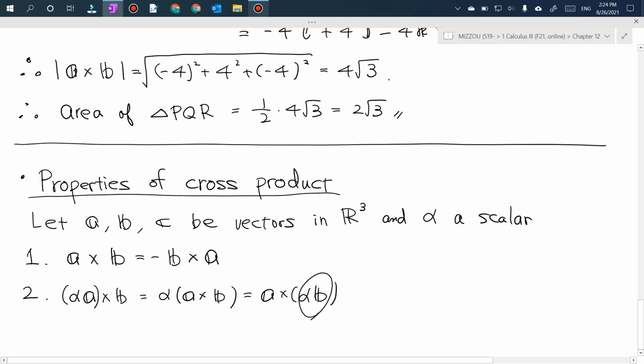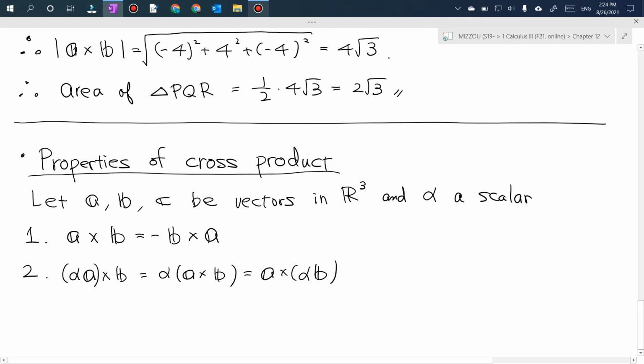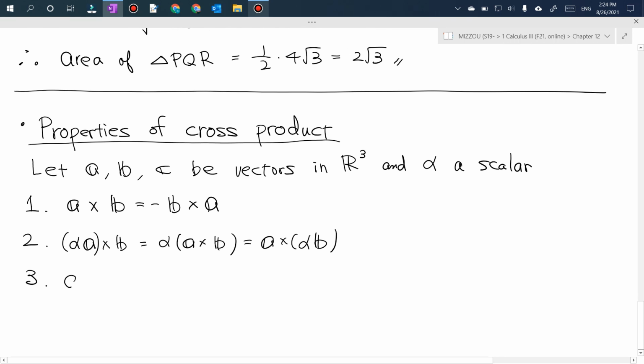Or you extend the vector B by alpha and then take the cross product with A. So those three coincide.